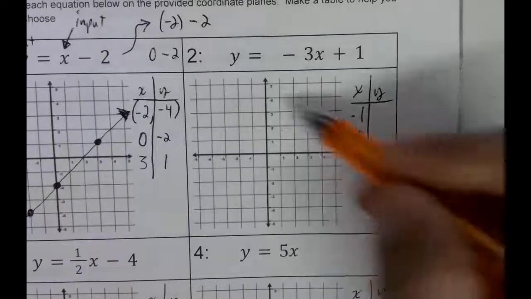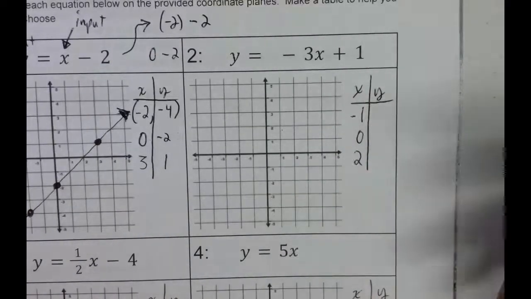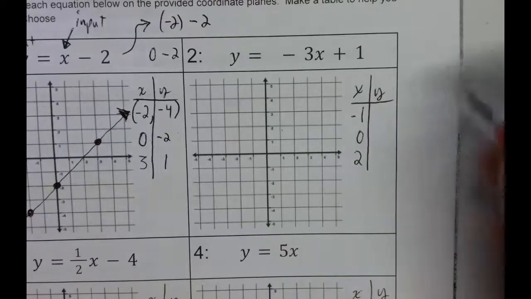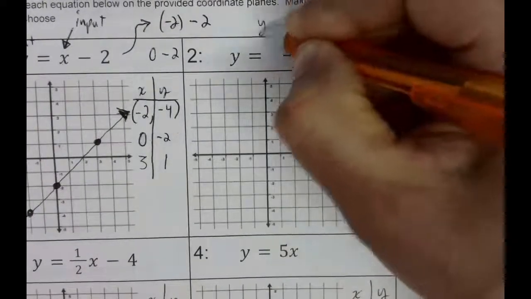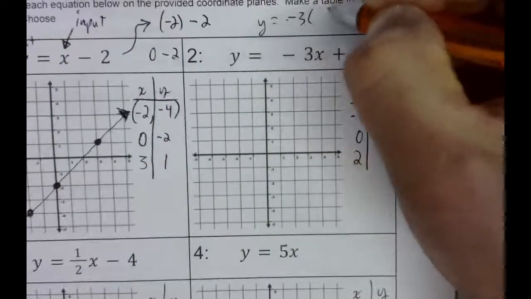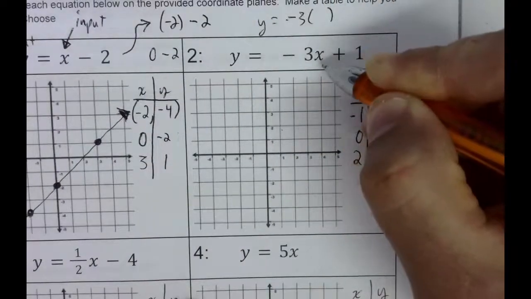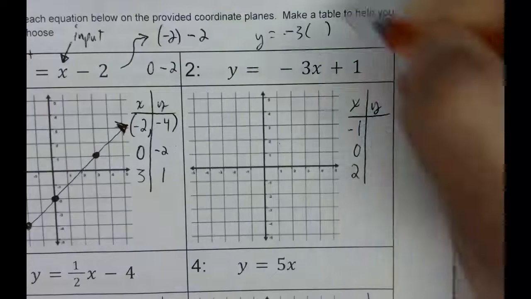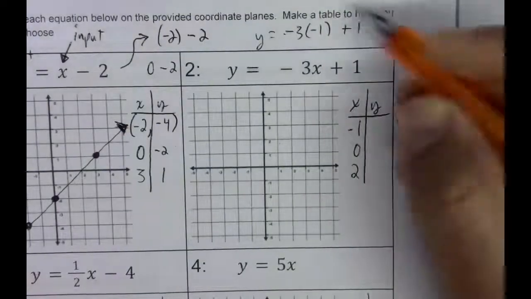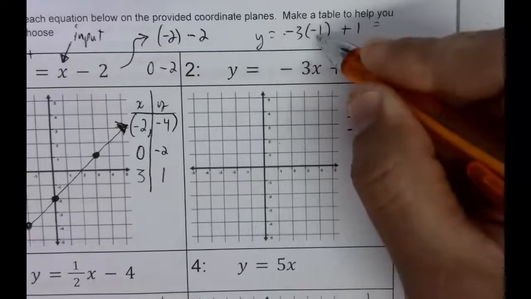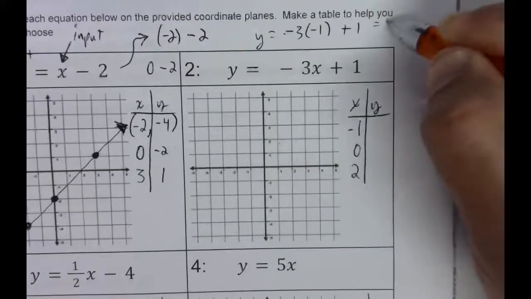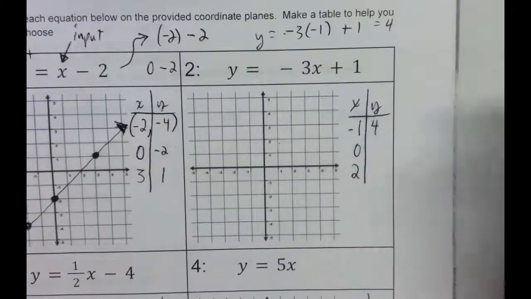And I chose those to make sure they'll show up. You'll have a little bit more freedom on your test. But to plug in -1, again, what does that look like? y equals -3 times, I'm going to substitute x with this input of -1, plus 1. So this is going to produce one solution. -3 times -1 is +3, plus 1 is 4. So the matching y value is 4.